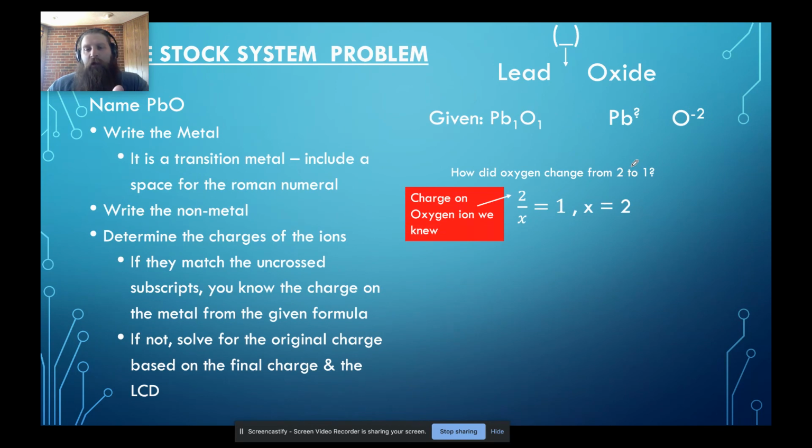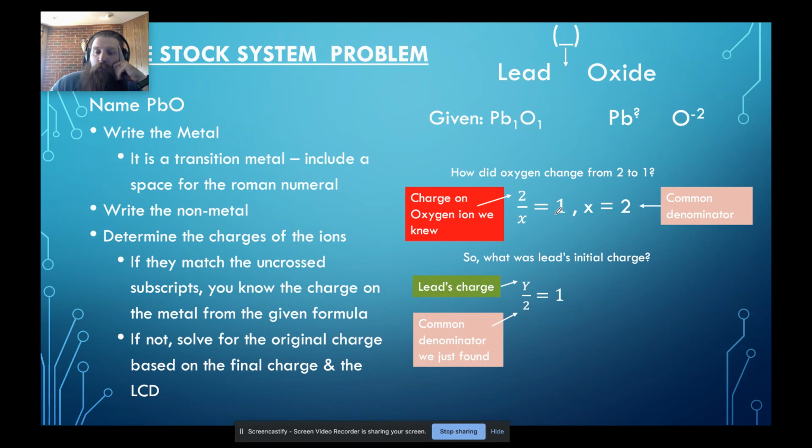So 2 divided by x gives me 1. This is from the thing that we know, the uncrossed charge right there. That's my common denominator, right? 2 divided by 2 gives me 1. Well, if I divided oxygen by 2, I must have divided lead by 2.